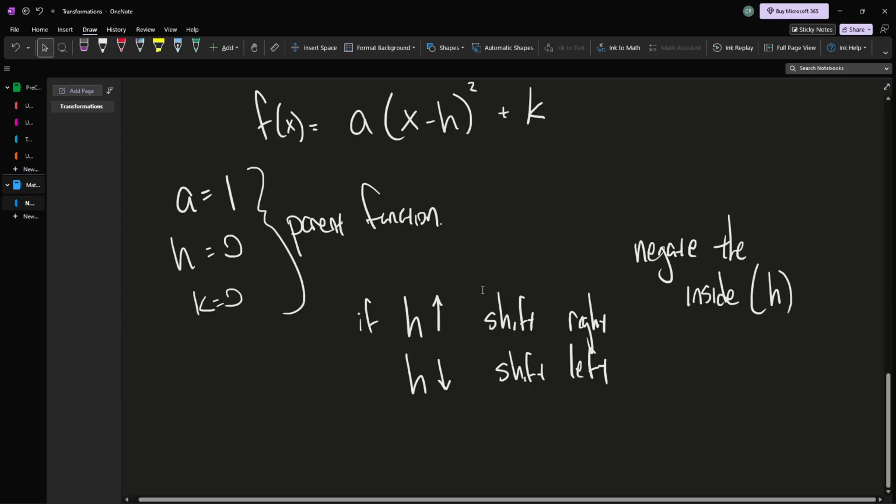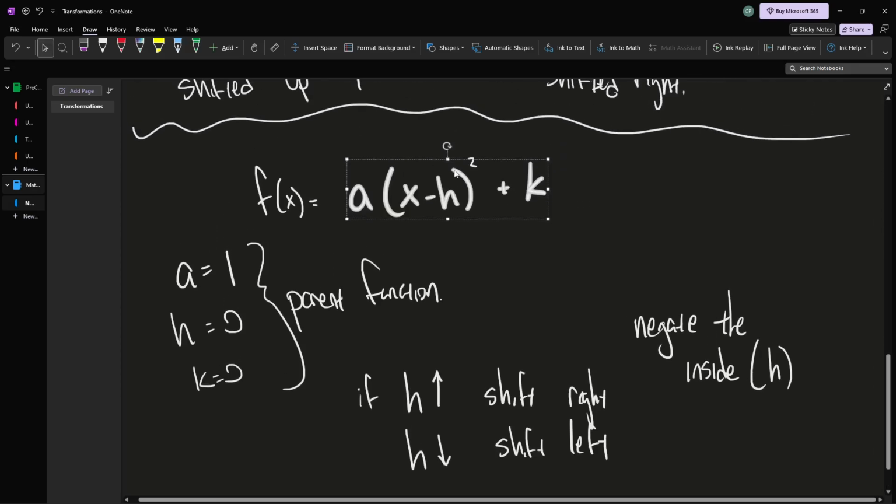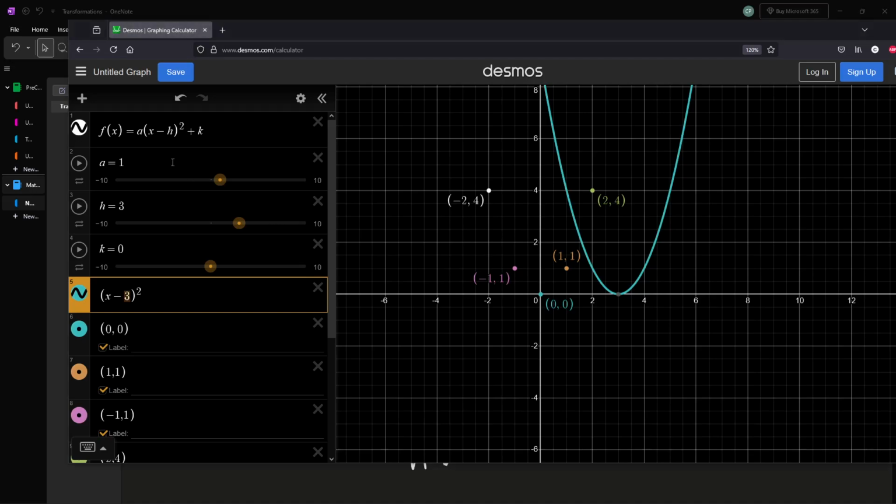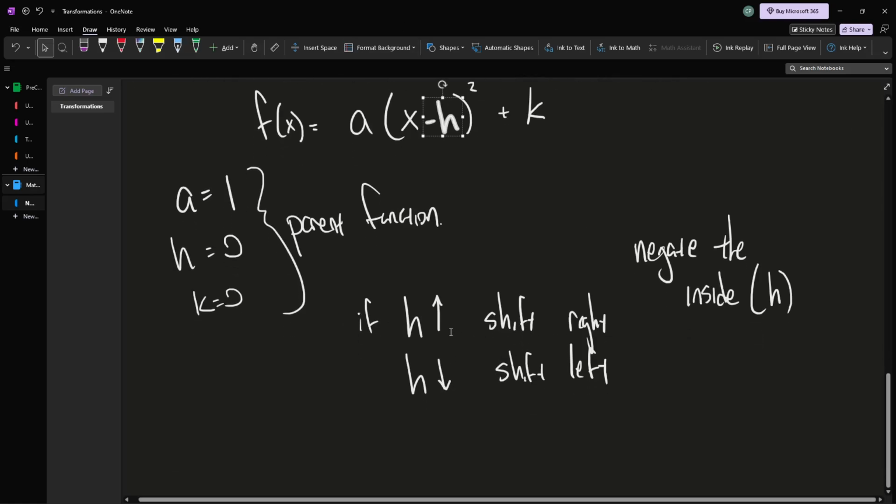So whenever you see a function written like this, and you want to find the h value, just get the value that is here and just invert it. I see my negative 3 right here, so now my h is just positive 3. If I see a positive 3 right here, I see a negative 3, so that means I'm to the left. That is what I mean by inverting the h. So if h is increasing, I shift to the right. If h is decreasing, I shift to the left.